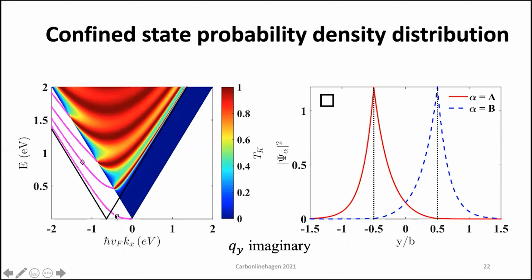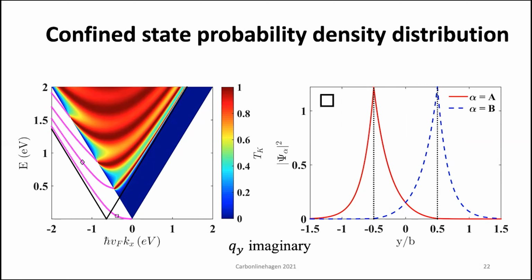So I am here plotting the wave function of a state that is very near the zero dispersion, very close to zero energy, here marked by the black square, and I look at the wave functions, and remember that all this formalism is using spinors in which I calculate simultaneously the wave function for electrons living in sublattice A and electrons living in sublattice B.